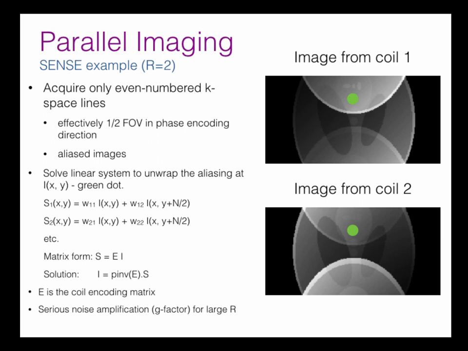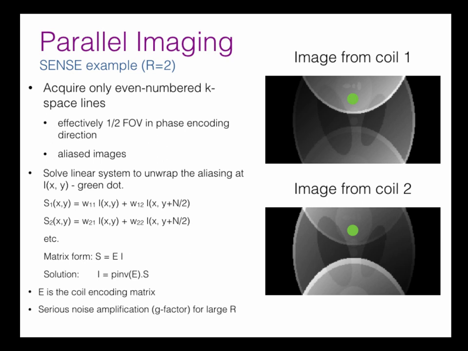You can do this for rates up to about 4 or 5 before you start running into problems, because these matrices become ill-conditioned and don't invert well, and then they end up amplifying the noise in your image. But typically you can get pretty good accelerations up to about 3 or 4, maybe 5 with this.